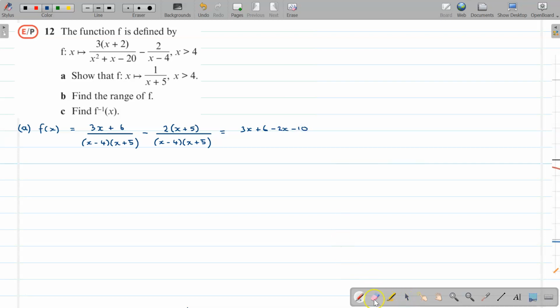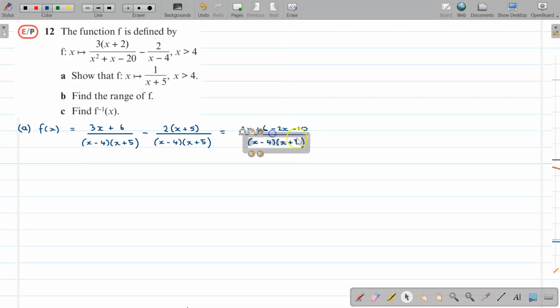Okay, and once again, all of that appears over a common denominator of this. So we put that in there.